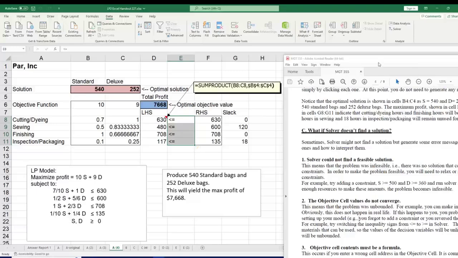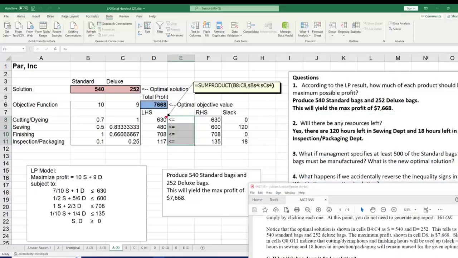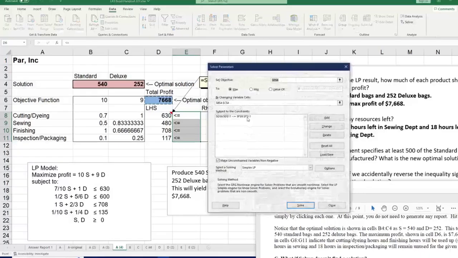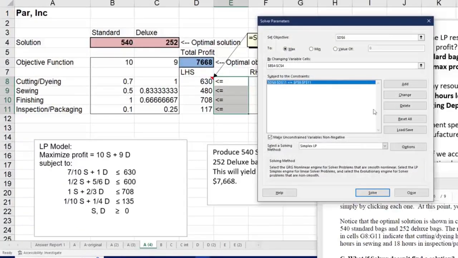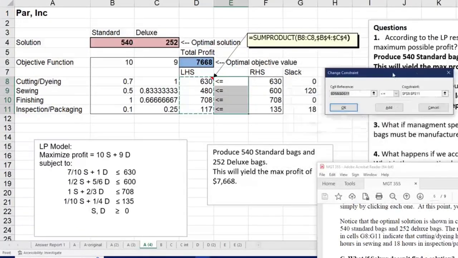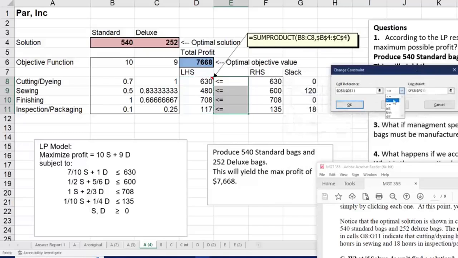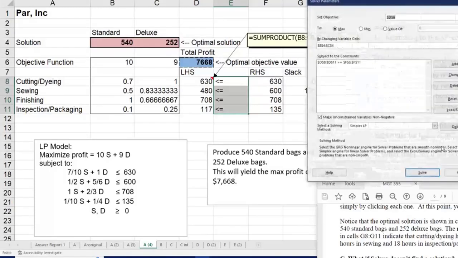Let's say I make a mistake, and I'm pretending I am making a mistake here. So if I change this to greater than or equal to, and then say okay, and then I try to solve this problem, what happens?